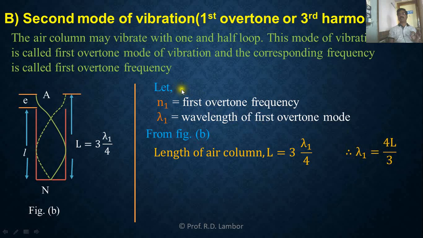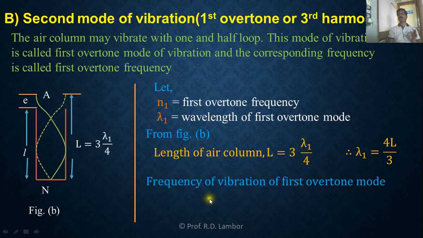आता आपल्याला जर फ्रिक्वेन्सी ऑफ व्हायब्रेशन काढायची असेल तर आपल्याला व्हेलॉसिटी माहिती आहे साऊंड वेव्हची, वेव्हलेंथ माहित झाली, then we can find frequency of vibration of first overtone mode, N1 equal to V upon lambda 1. इथं V1 का झालं नाही, तर velocity of sound in this air same medium असल्यामुळे सेम असणार velocity.